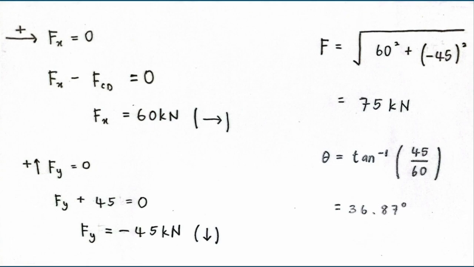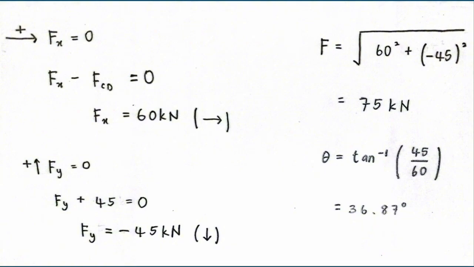So we need to find the force at F. The formula is the square root of Fx to the power of 2 plus Fy to the power of 2. As shown in the calculation, the square root of 16 to the power of 2 plus negative 45 to the power of 2, and we get the force is 75 kilonewton.